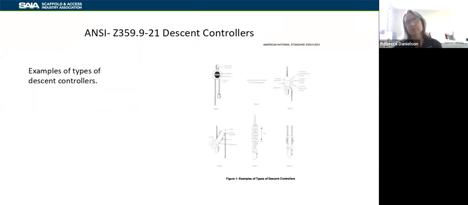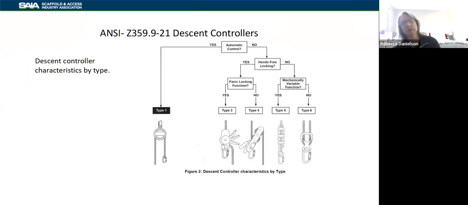And then the rest is really, this is a better picture of it. The rest is different for the manufacturers, but manual controlled descent devices versus automatic was probably the biggest change, other than the fact that this is a brand new standard that wasn't there before.